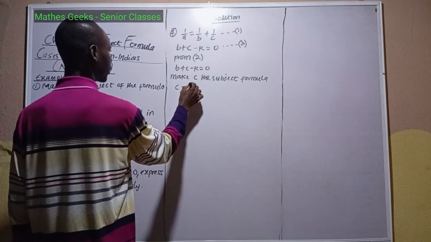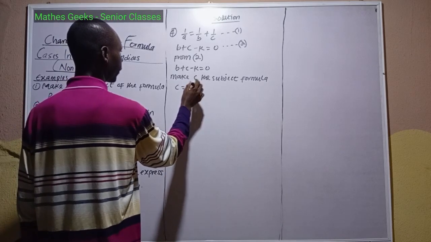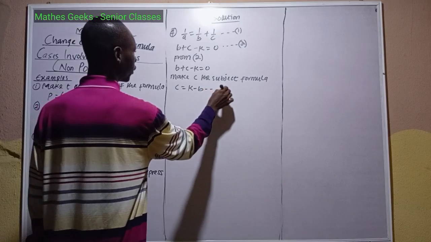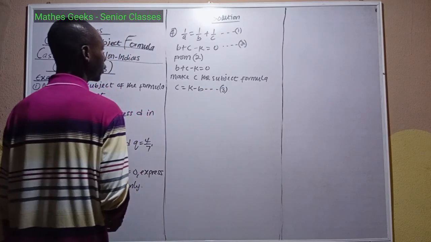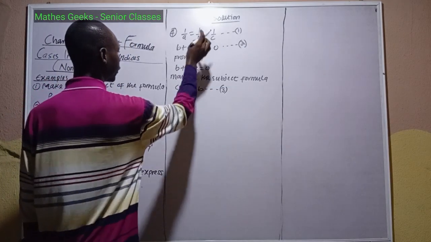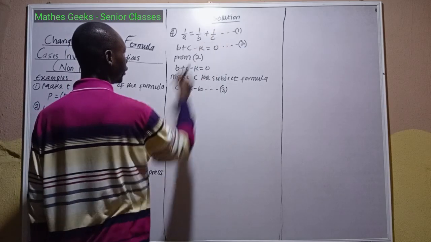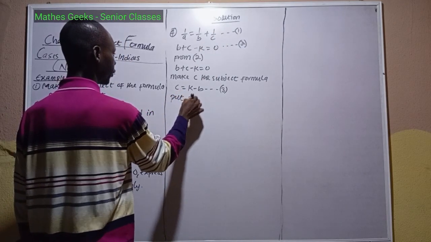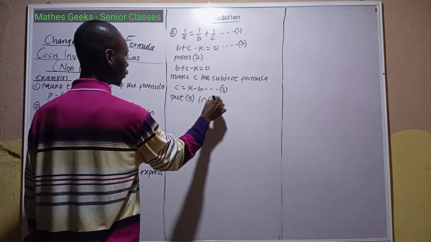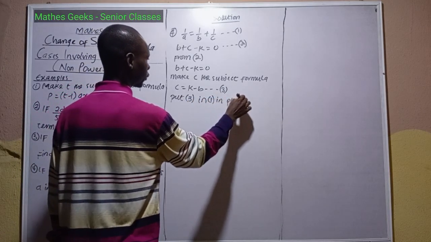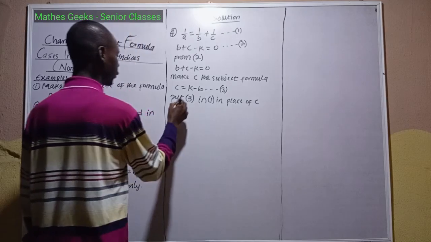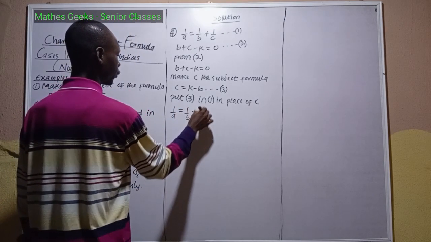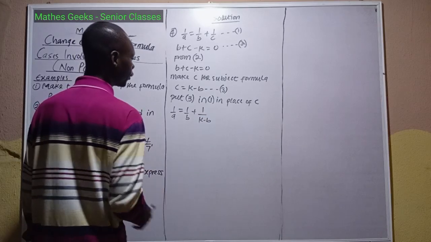So C is equal to K minus B, equation 2. Okay, so now we're going to put C from equation 2 in place of C in equation 1. So 1 over A equals 1 over B plus 1 over K minus B.